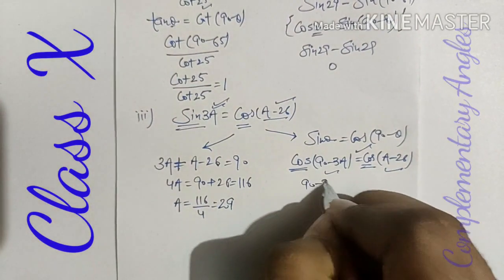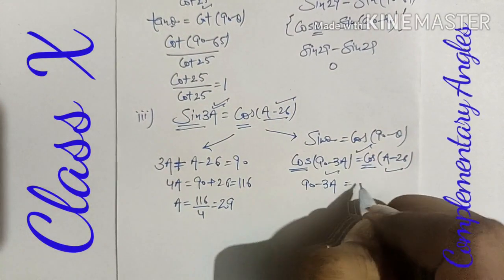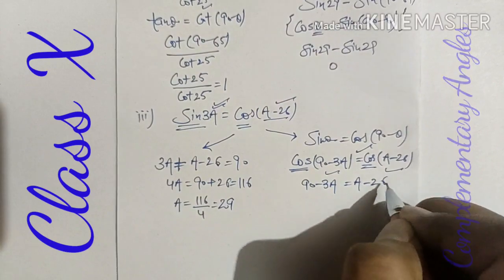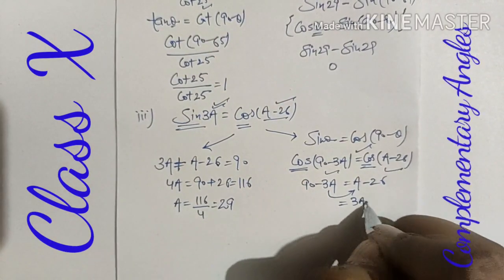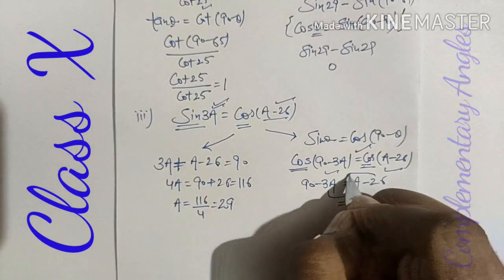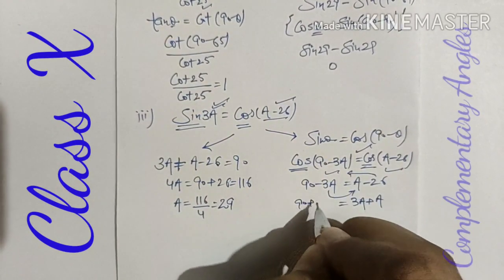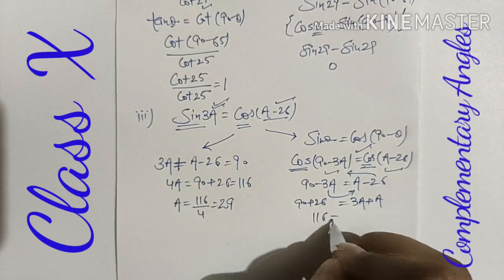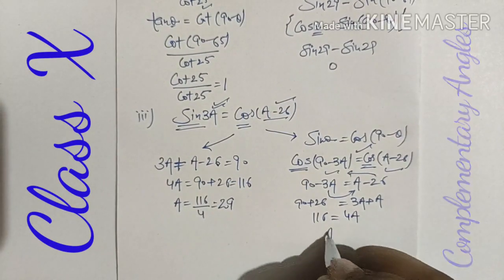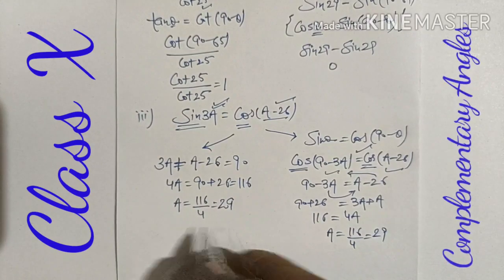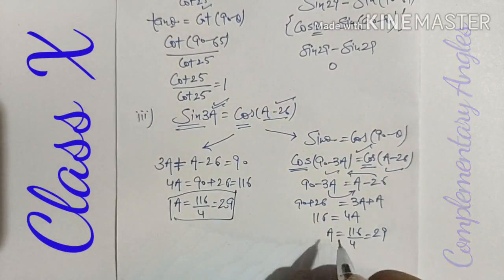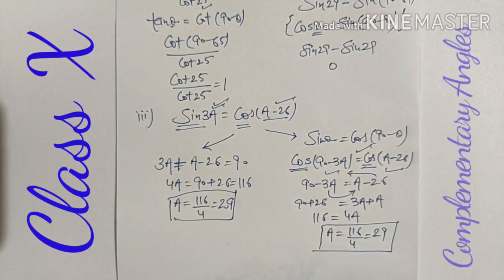So equating them, 90 minus 3a is equal to a minus 26. Shifting 3a to the right side, the sign changes, and 26 becomes plus 26 on the left hand side, so it becomes 116 is equal to 4a. So the value of a becomes 116 divided by 4, 29. Same as this one. Both are right. We can use any one of the methods.